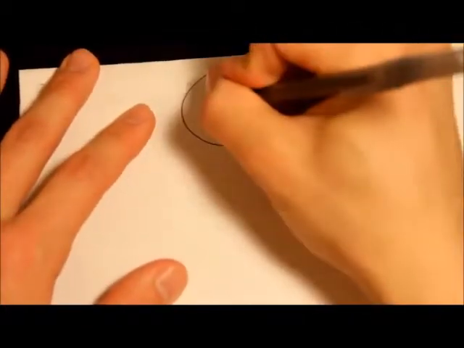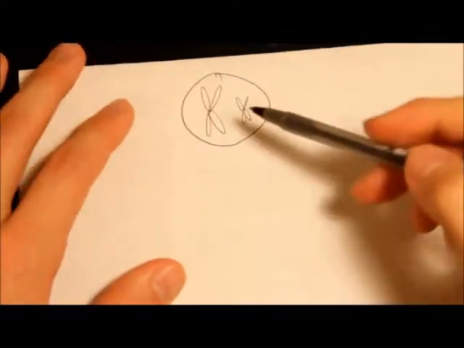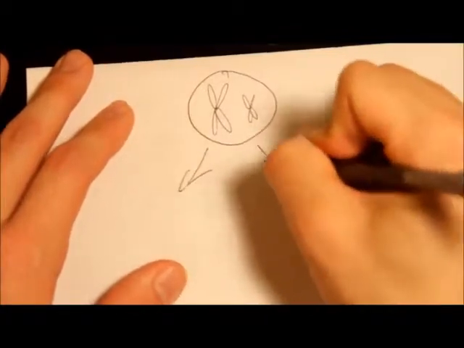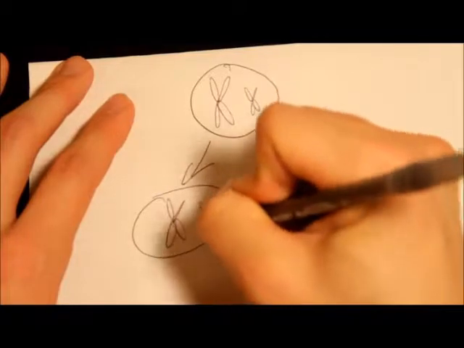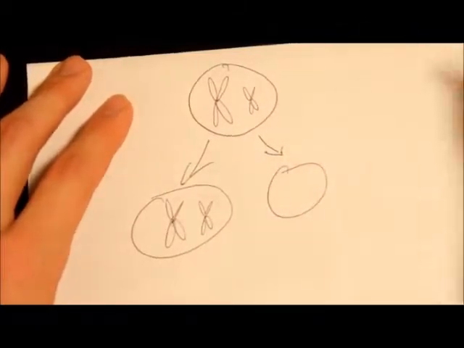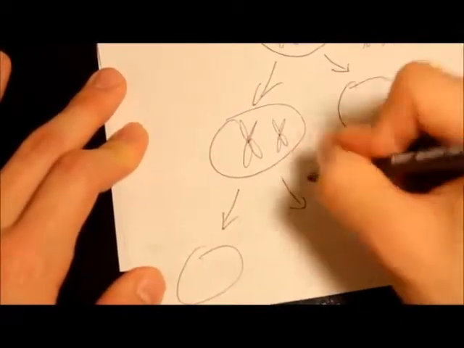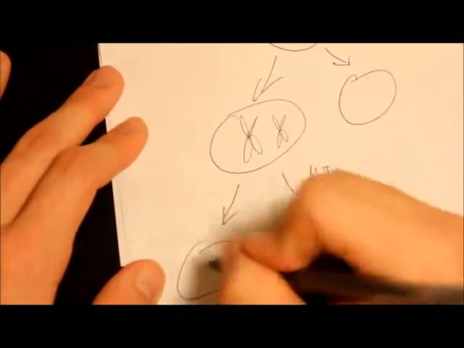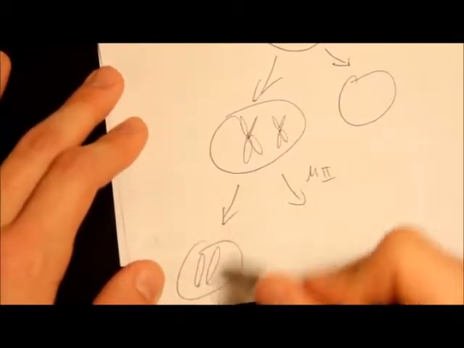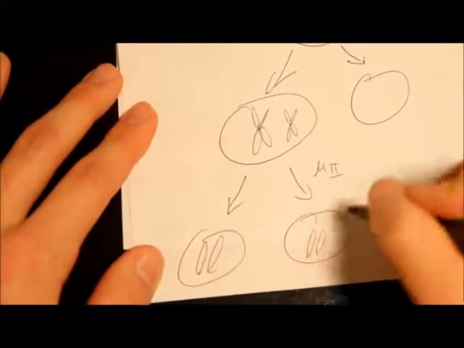Now there is a scenario where you have an X chromosome and a Y chromosome, and non-disjunction happens here in meiosis 1. And then there's also that possibility where non-disjunction also occurs in meiosis 2 here, where we have 2 X chromatids here, and 2 Y chromatids here.